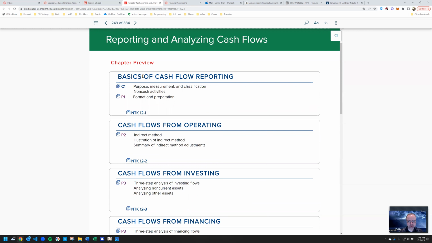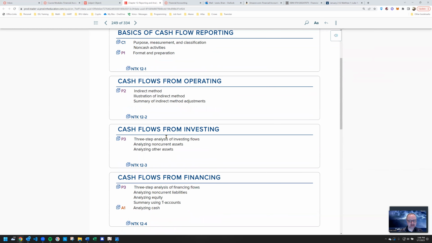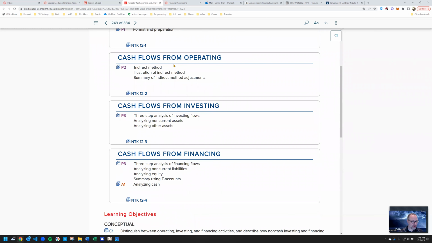It's going to go through the basics of cash flows, and it's going to break it down into these three different areas: operating cash flows, investing cash flows, and financing cash flows. And it's going to describe what each of these are.